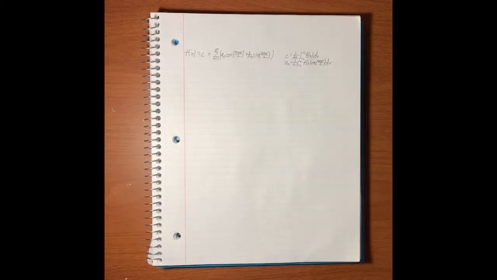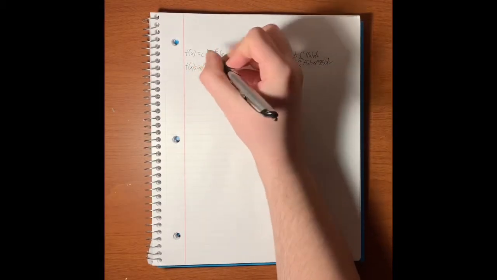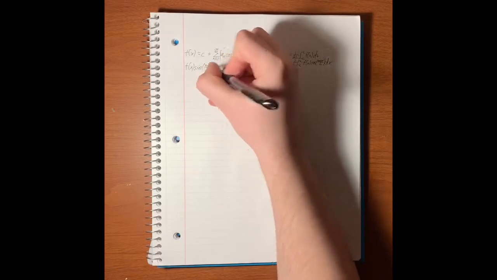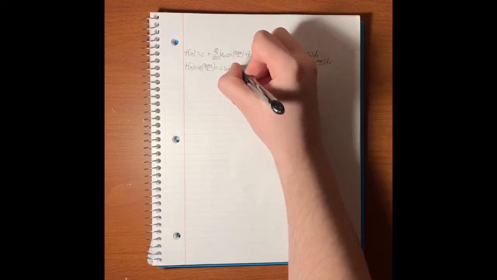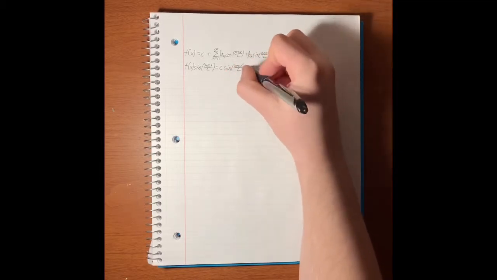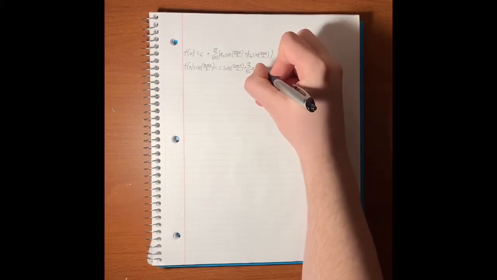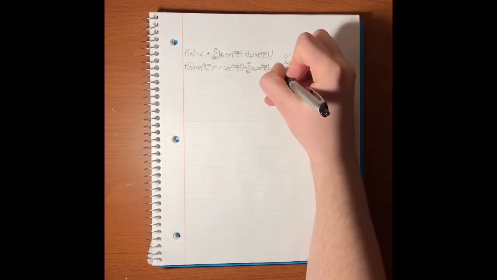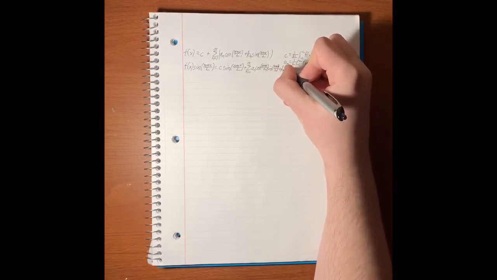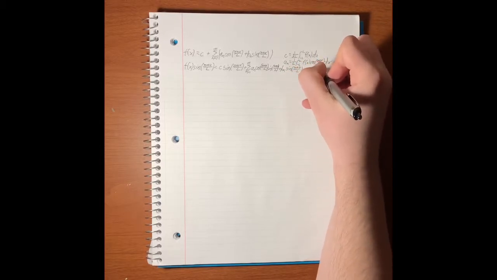And now if we multiplied both sides by cosine of pi mx over L last time, this time we'll multiply both sides by sine of pi mx over L. So then we'll get f of x sine of pi mx over L, I think I was saying n, I meant L, equals c sine of pi mx over L plus the sum from n equals 1 to infinity of a of n cosine of pi nx over L sine of pi mx over L plus b of n sine of pi nx over L sine of pi mx over L.